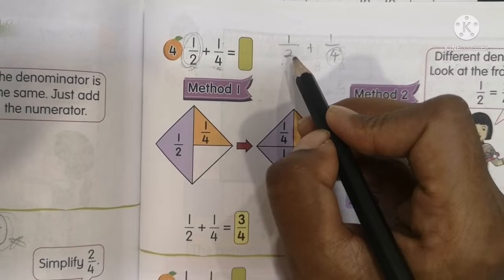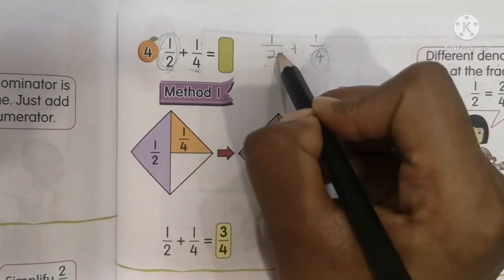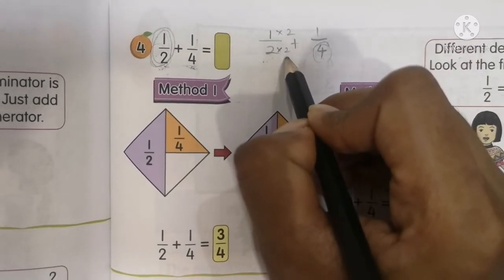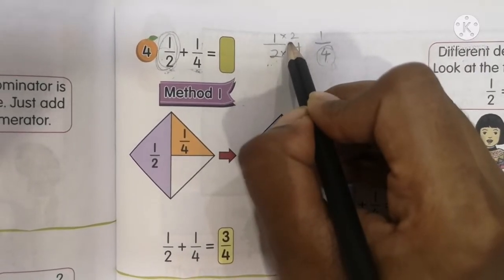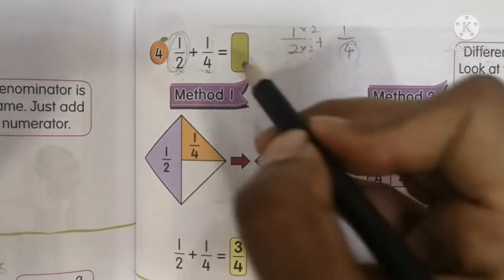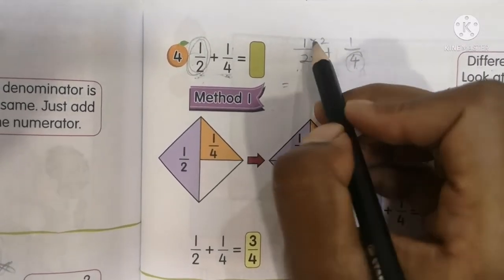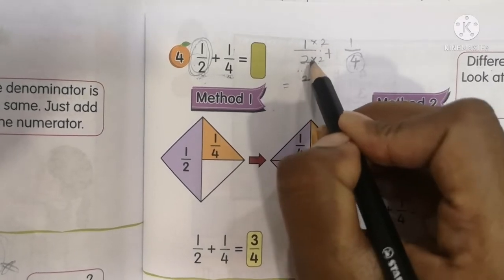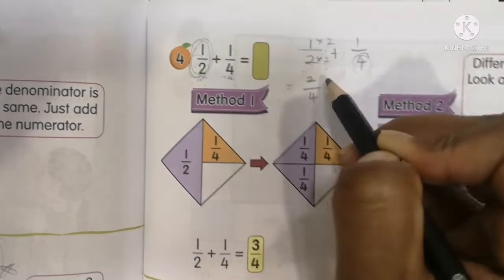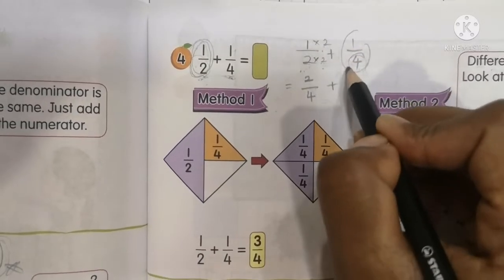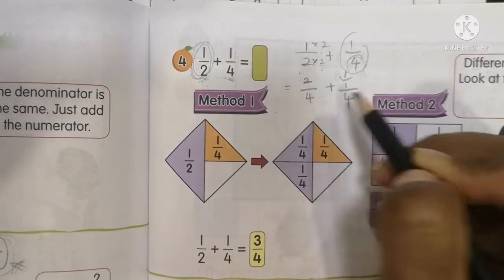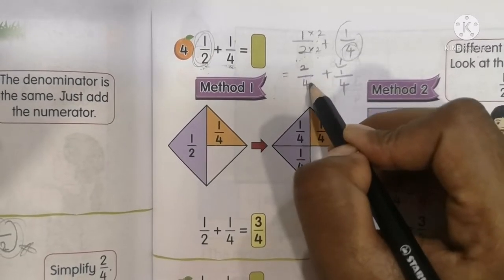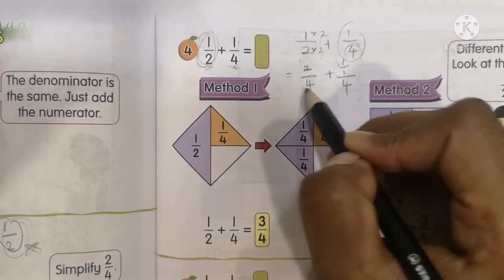So 2 times 2 will get 4, right? So we have to times this as well. Dekat bawah pun kena darab 2, dekat atas pun kena darab 2. Okay, so darab, then you will get one answer, right? 1 times 2 will get 2. 2 times 2, 4, plus you write back exactly like this again. 2/4 plus 1/4.